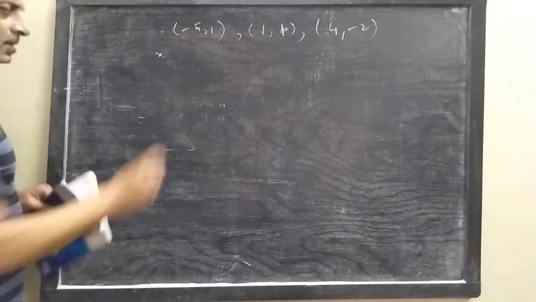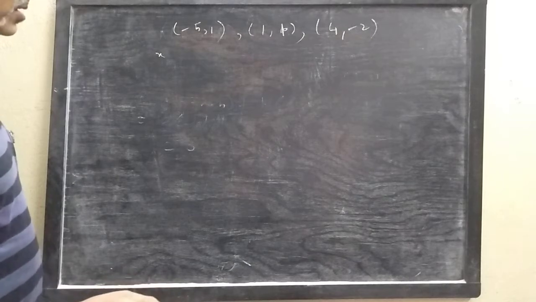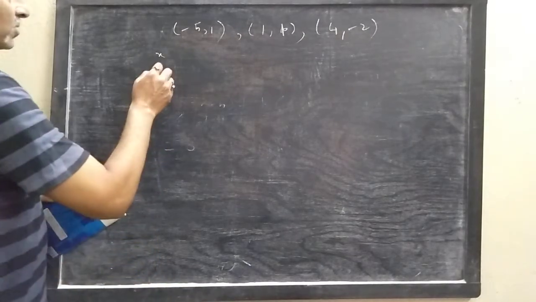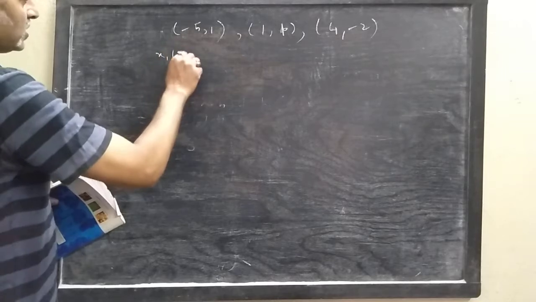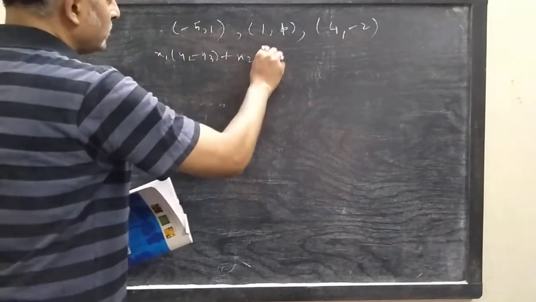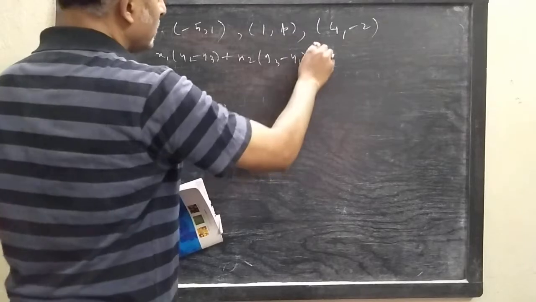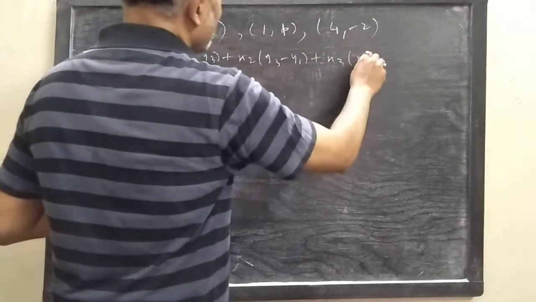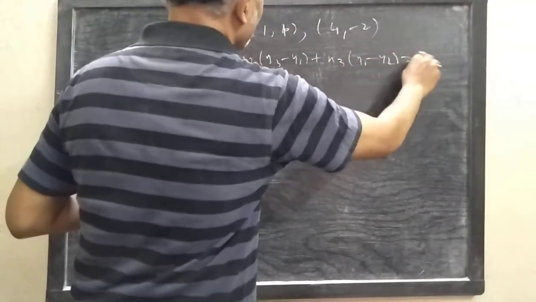We know 3 points x1 y1, x2 y2 and x3 y3 will be collinear if x1 into y2 minus y3 plus x2 into y3 minus y1 plus x3 into y1 minus y2 equals 0.